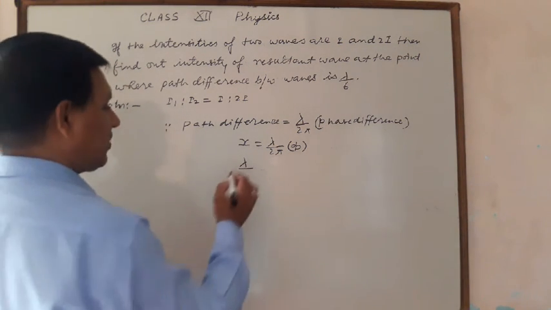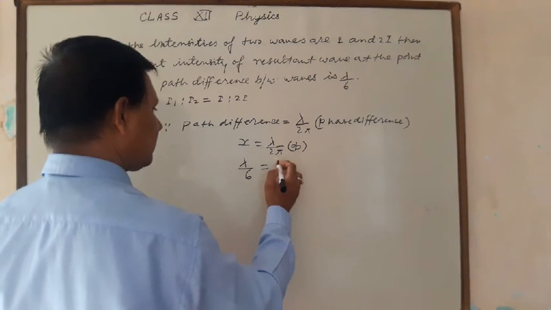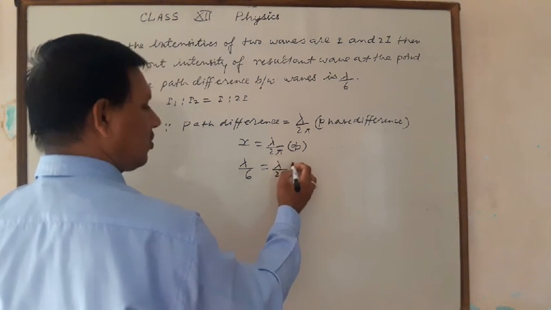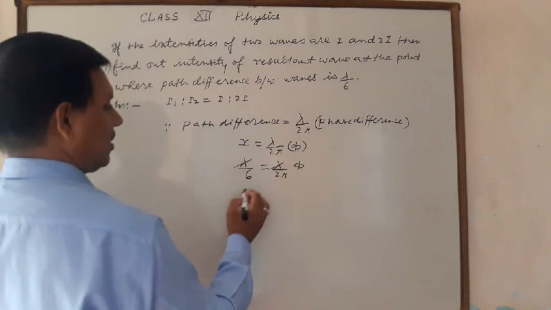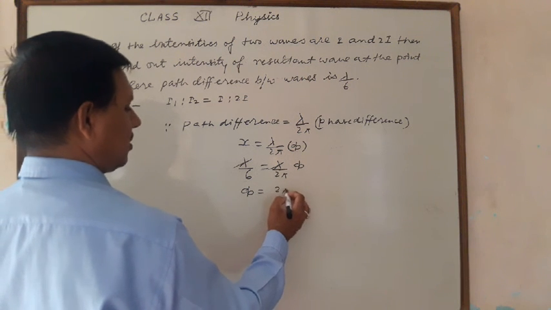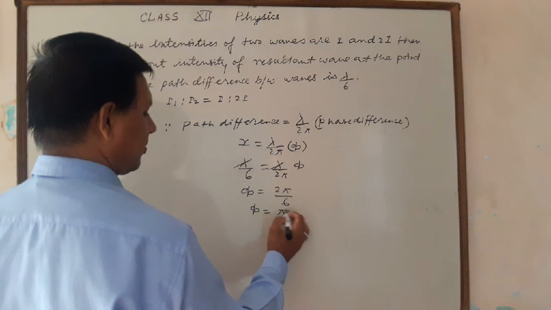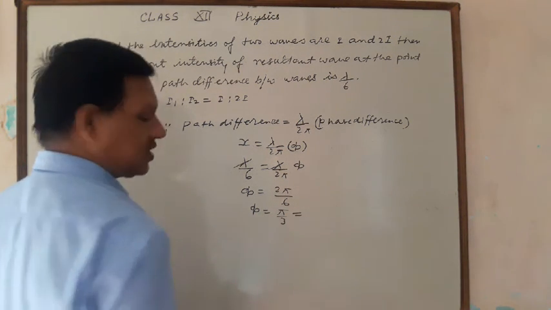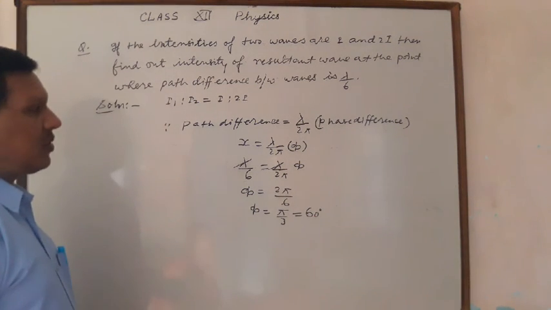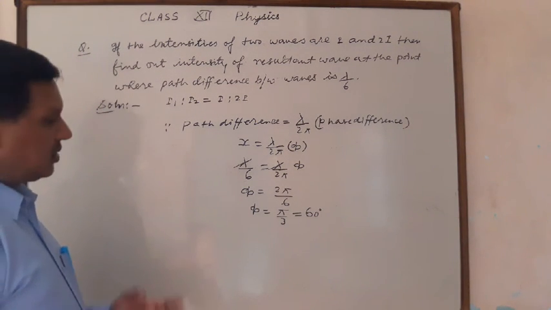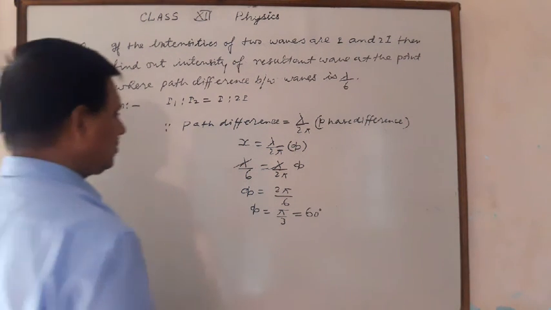Here x represents path difference, so lambda by 6 is equal to lambda by 2 pi into phi. Lambda cancels lambda, so phi is equal to 2 pi by 6, or phi is equal to pi by 3. That is, this value of phi is equal to 60 degrees. So here we find the phase difference between the two waves is 60 degrees.